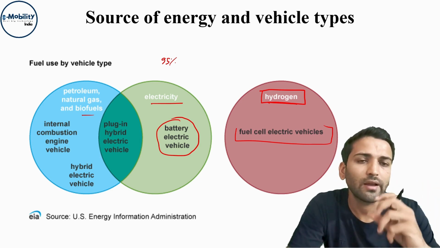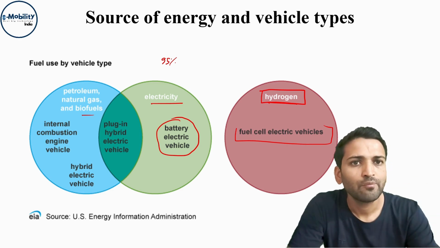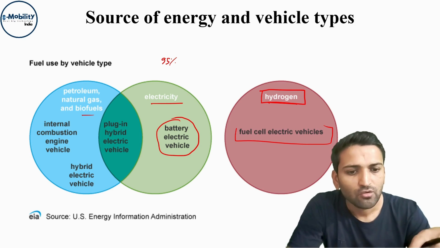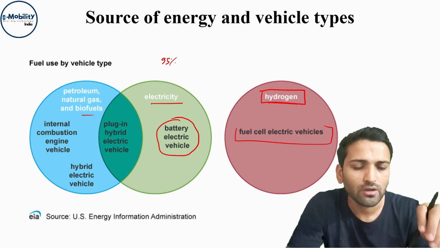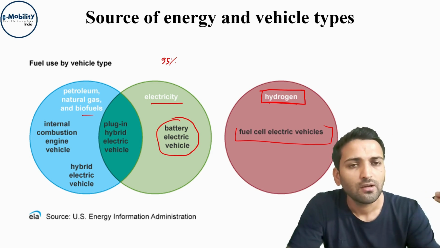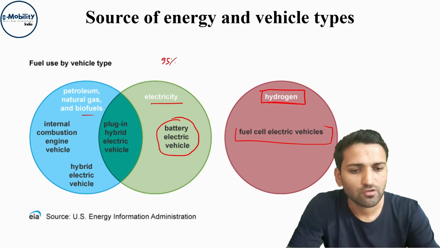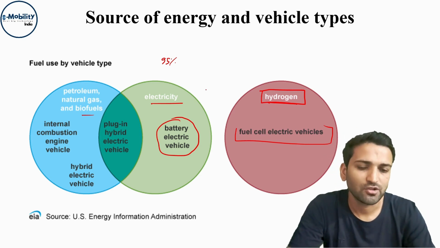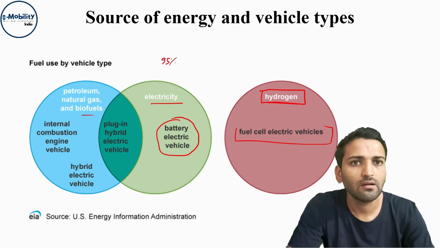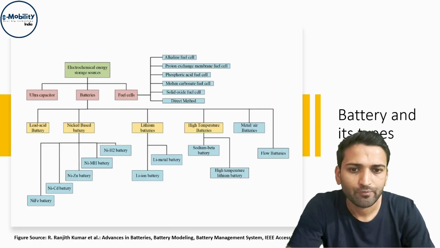These kinds of energy sources will be used in future, and it is known that hydrogen will be used more and more in the coming future. Currently the technology related to hydrogen is not that mature, so it is still in the research and development stage.